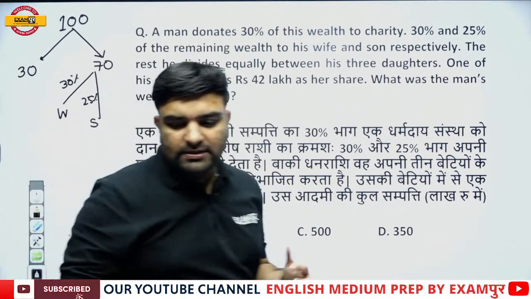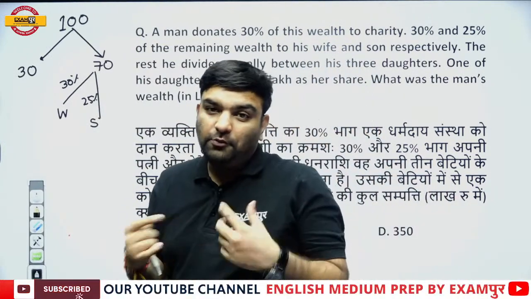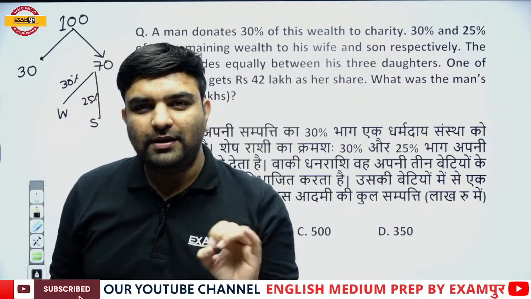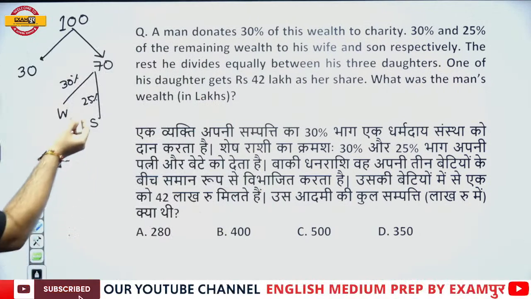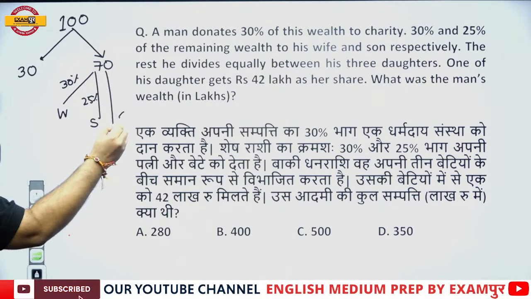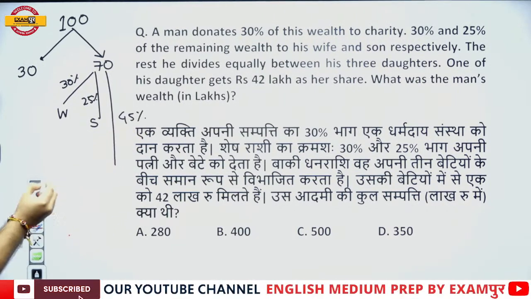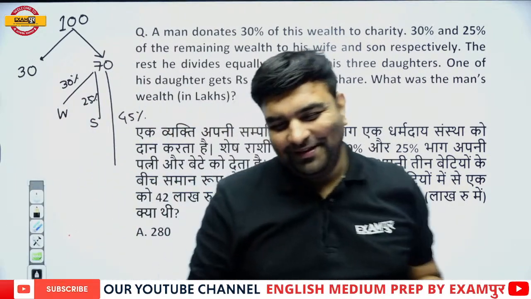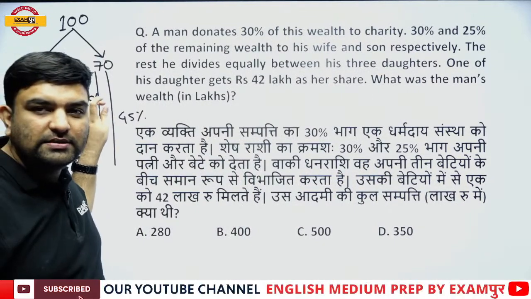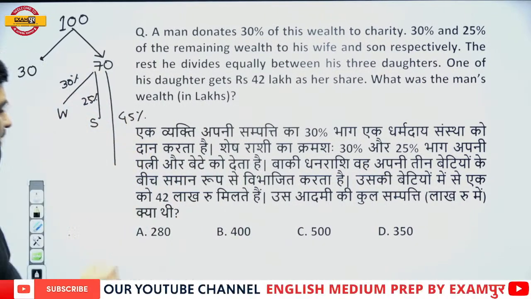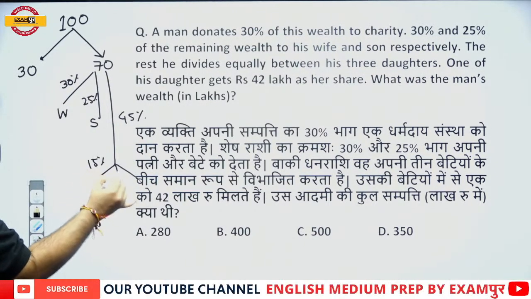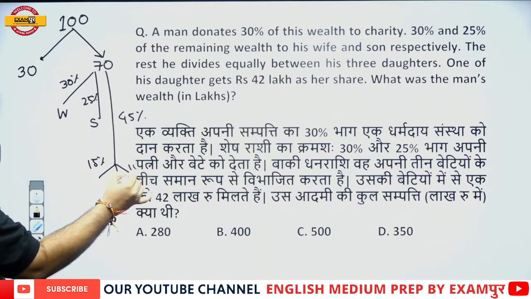So what percentage of the remaining is now remaining? 55% of the remaining is gone, so 45% of the remaining is left. Divided into 3 equal parts, that is 15% to each daughter.